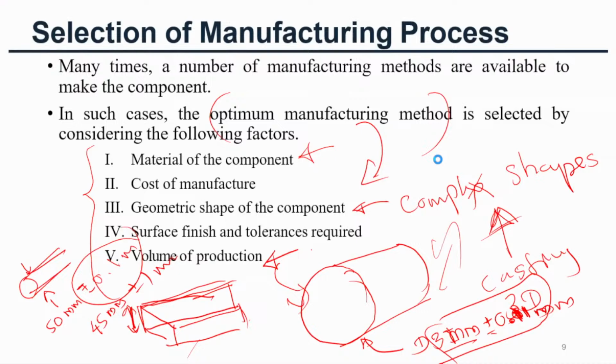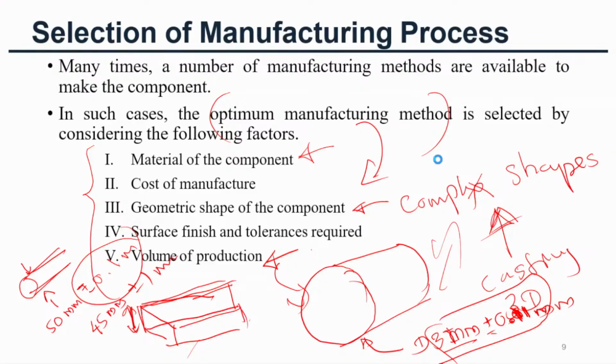use processes like casting and forging. Okay. So when we come to low volume, we can use some machining processes. Okay, lathe machines, milling, likewise, and also we can use some 3D printing.